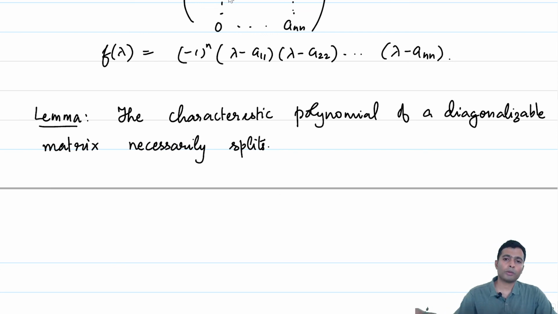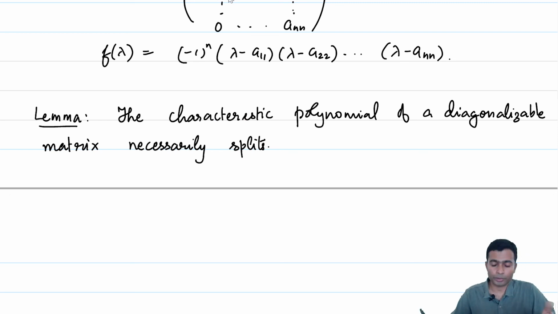So the question now is the following: if you have a matrix whose characteristic polynomial splits, can we conclude that the given matrix is diagonalizable? In other words, is the condition that the characteristic polynomial splits a sufficient condition as well?